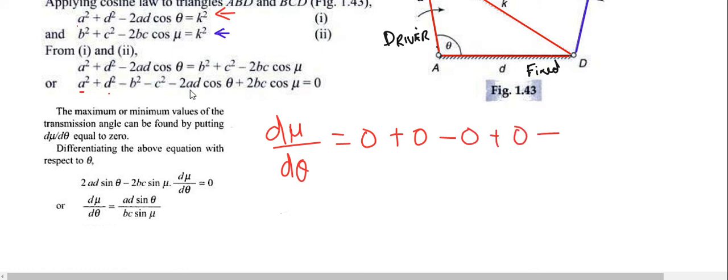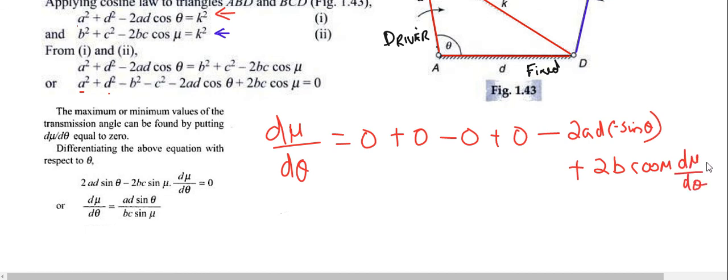Now 2ad cos theta: 2ad is constant, so you can write 2ad, and the derivative of cos theta with respect to theta will be minus sin theta, and plus 2bc cos mu. Cos mu has no theta in it, so you can write cos mu times the partial derivative d mu by d theta, equal to 0.